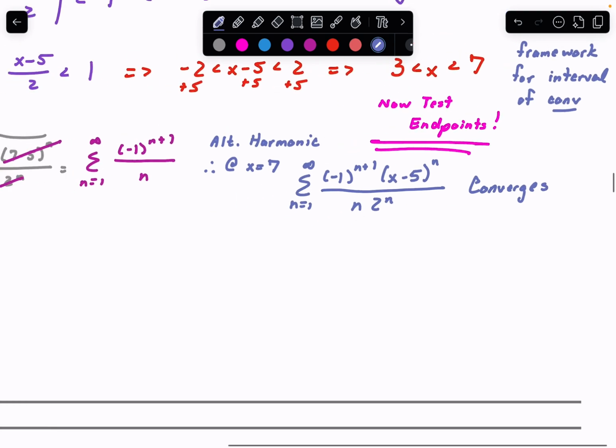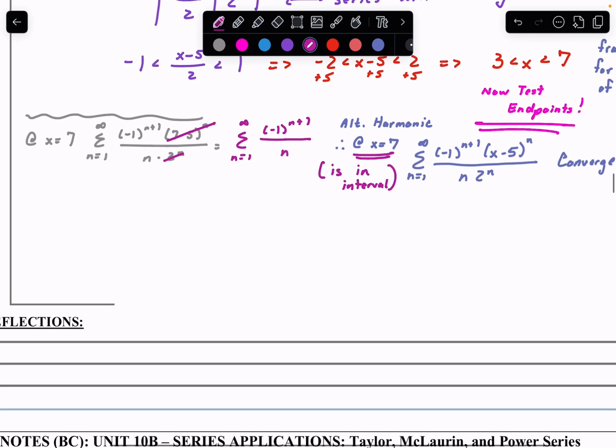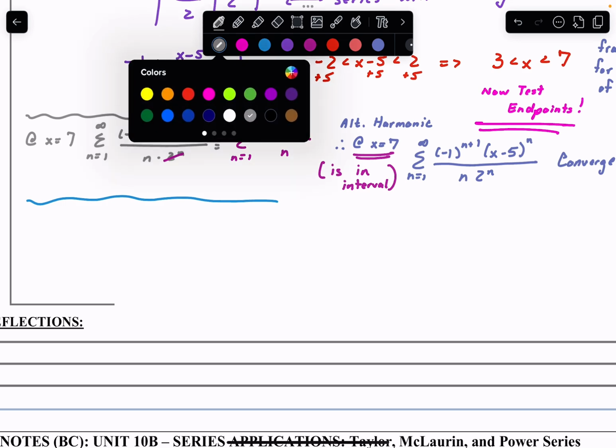So what we're saying is that this x equals 7 is in the interval, right? That's the concept. So now let's check to see what happens at 3. All right, let me draw a little line right here so we kind of have an idea of where my break is.